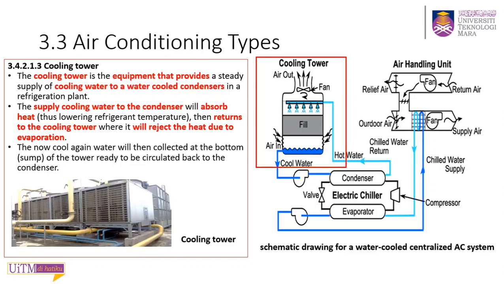Working in a cycle, the cooling water will absorb heat from the refrigerant and will then return to the cooling tower, where it will be cooled through the evaporation process. The now cool water will be collected at the bottom of the tank, ready to be circulated back to the condenser.